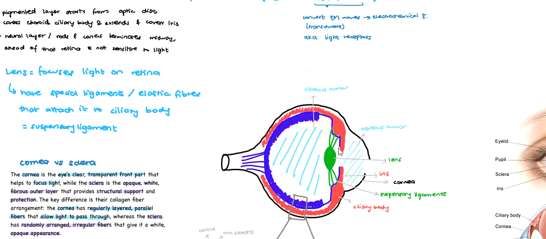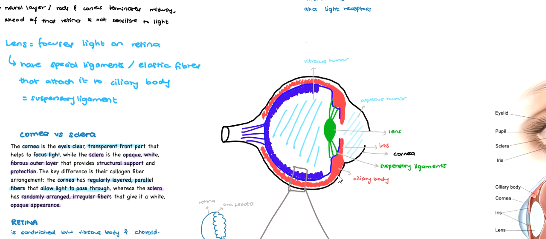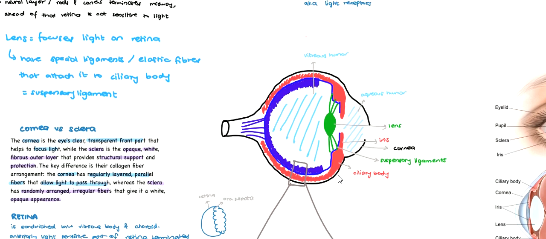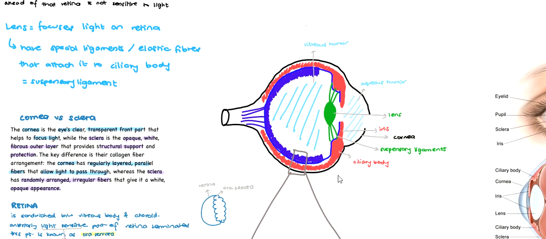It no longer detects light, or it is no longer photosensitive. Only if the light falls in this region can it be detected. Ahead of this, where the neural layer is no longer there, that part of the retina becomes insensitive to light. It doesn't detect it anymore.